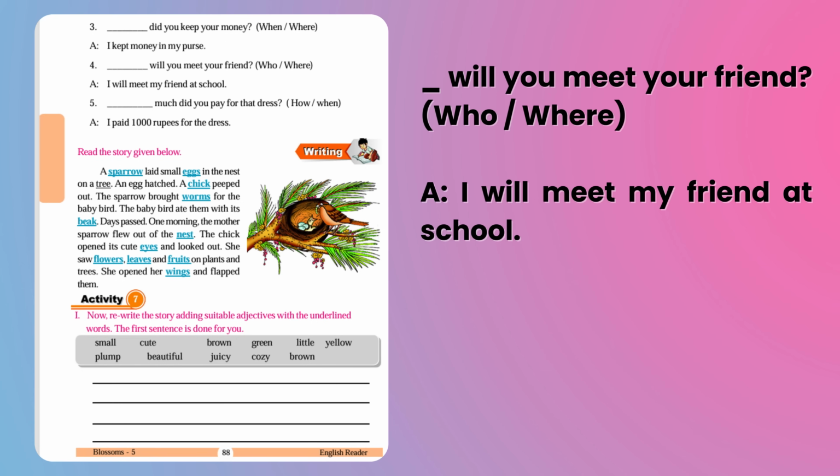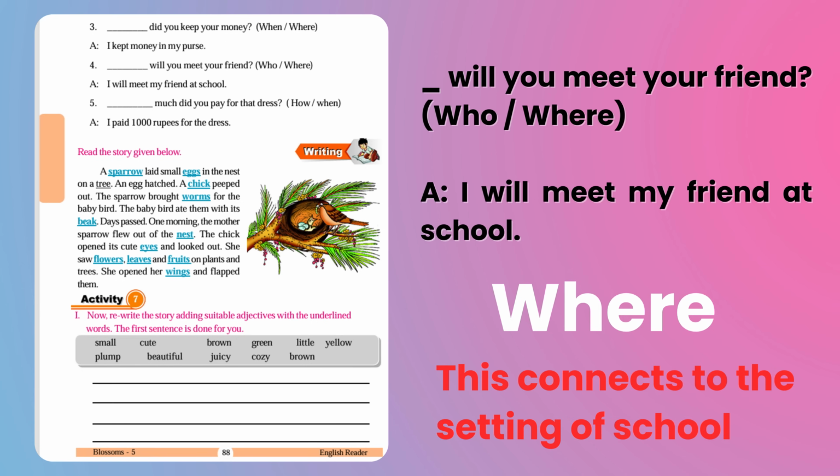So to ask about the place where you will meet your friend, we use where. So the correct option we have to choose is where. The question is where will you meet your friend? Then the correct answer would be I will meet my friend at school.